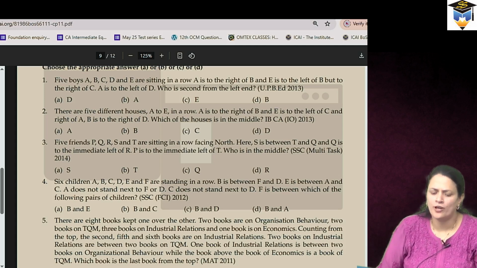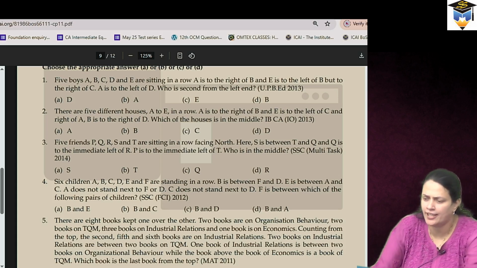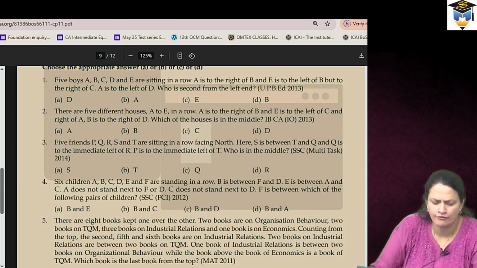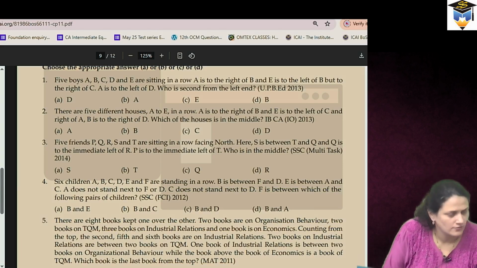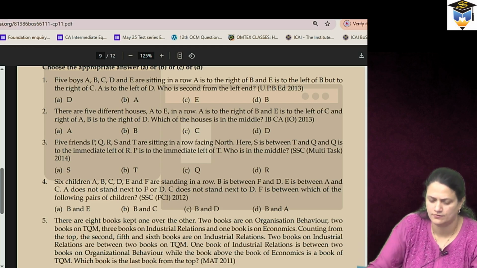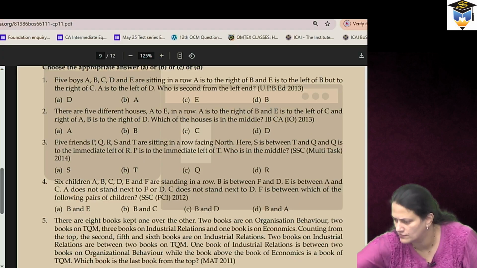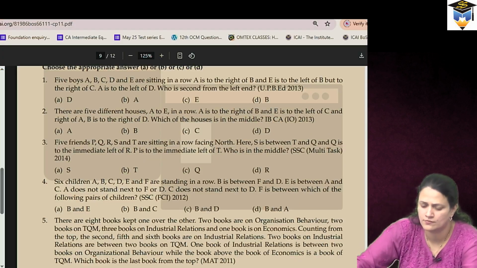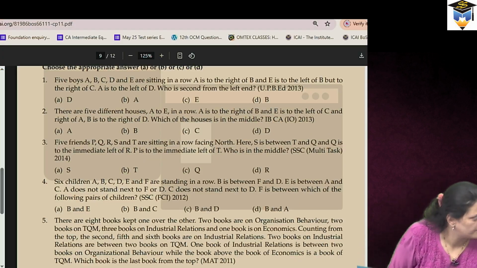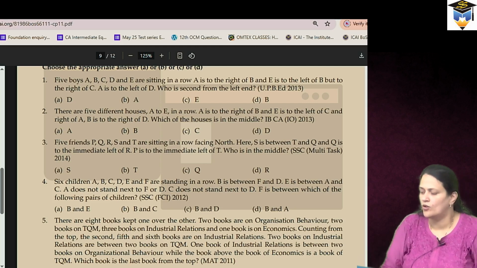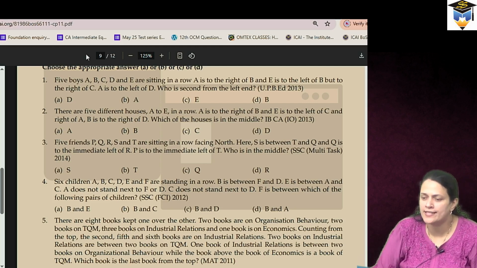So 5 boys A, B, C, D and E are sitting in a row.